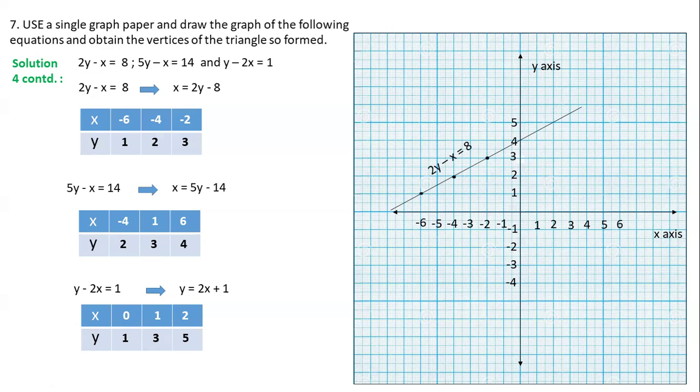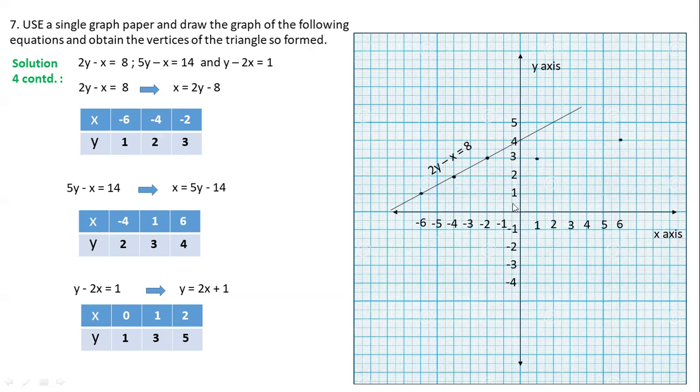Next. Minus 4, 2. It's here. Then 1, 3. It's here. Okay. Minus 4, 2 is this. 1, 3. 6, 4. It's here.